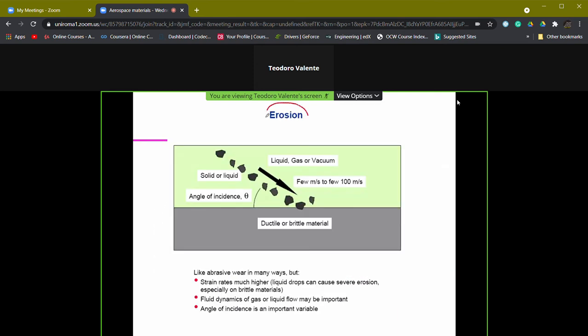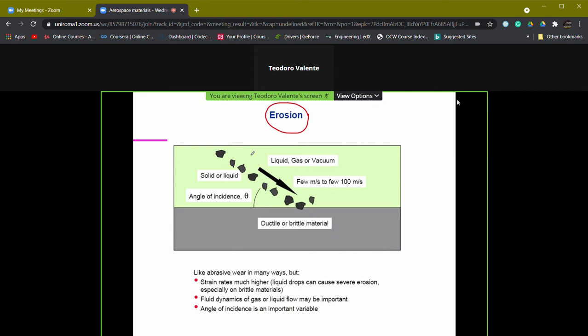The third case of wear is what is called erosion wear, which is a little bit different from the two previous ones, because in this case we do not have two solid bodies sliding one with respect to the other, but we have particles which are transported by a fluid, which could in general be in solid, liquid or gas phase.